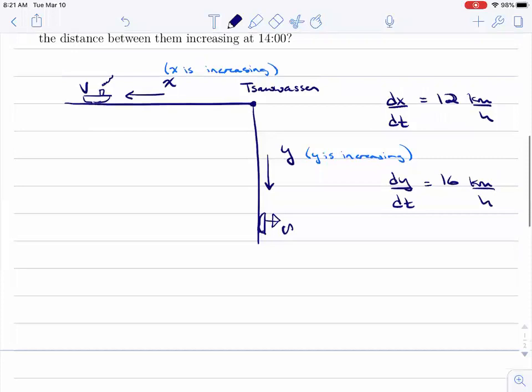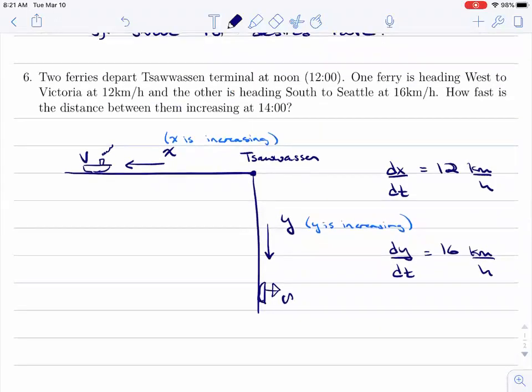Okay, so we've drawn a lot of it, but we haven't figured out what we're trying to solve for yet. So how fast is the distance between them increasing at 2 o'clock? So at a certain time point, we check in and see, okay, what's the rate of change? What's the instantaneous rate of change at this point?